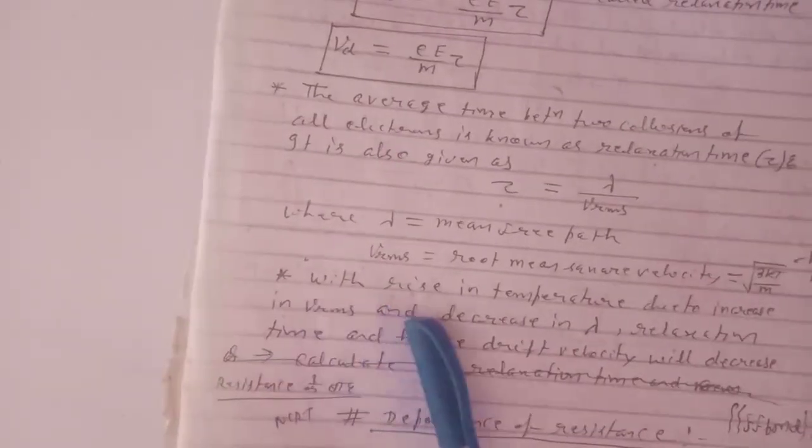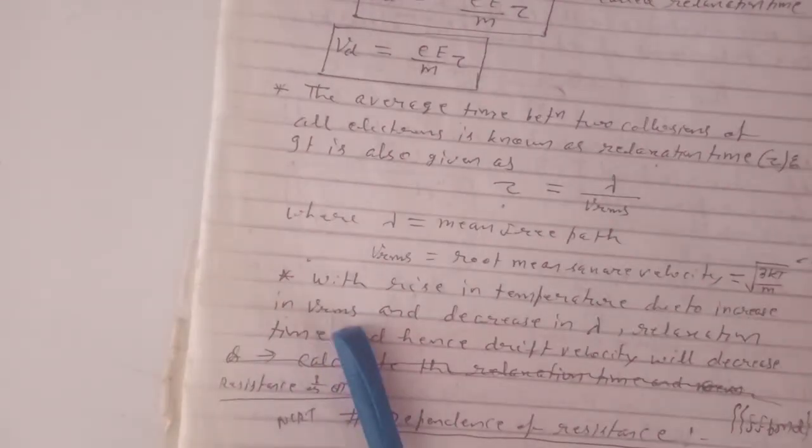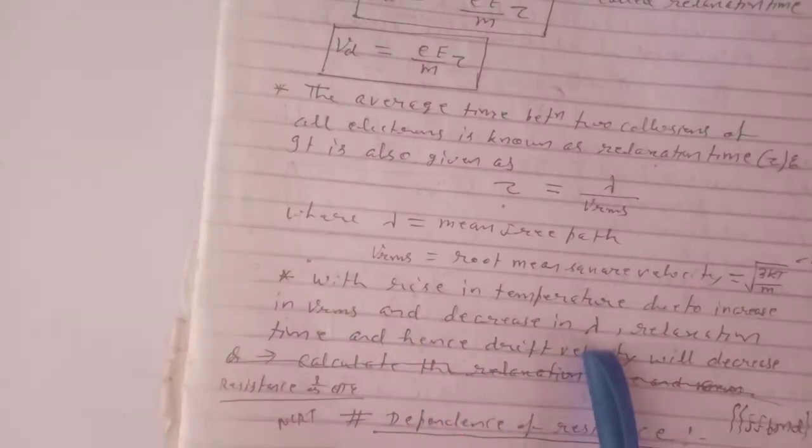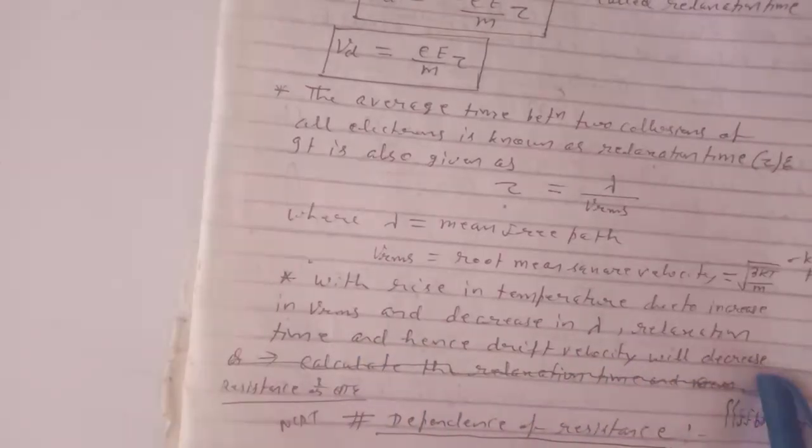Next, with a rise in temperature, due to the increase in Vrms and decrease in lambda, the relaxation time and hence the drift velocity will decrease.